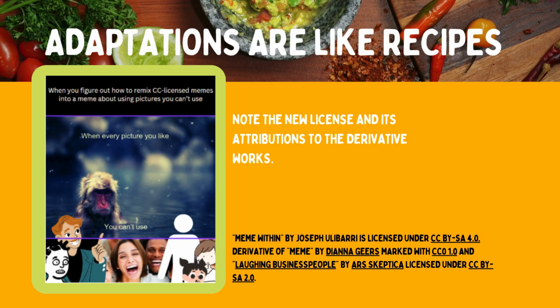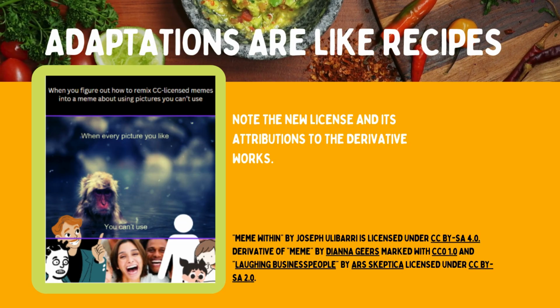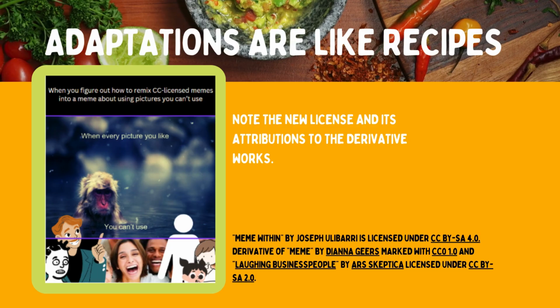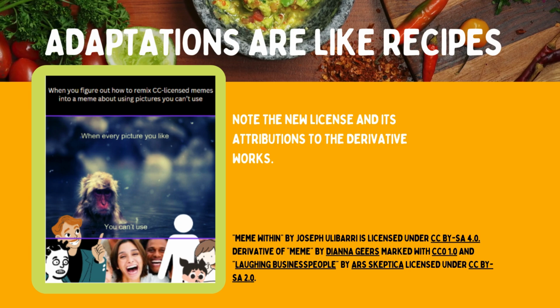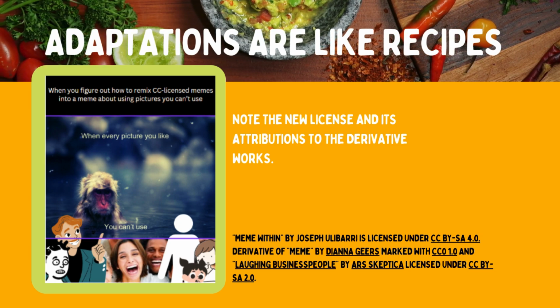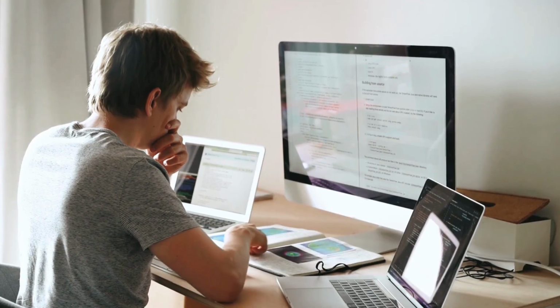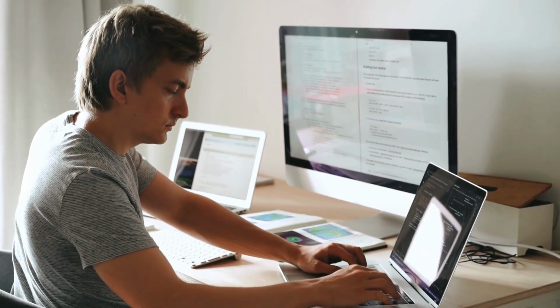The newly licensed adaptation uses a share-alike mark within the new license because at least one of the original works uses the share-alike mark. The other work included in this remix is in the public domain. The share-alike mark is compatible with both of the original licenses. Always give proper attribution and double-check the license requirements.